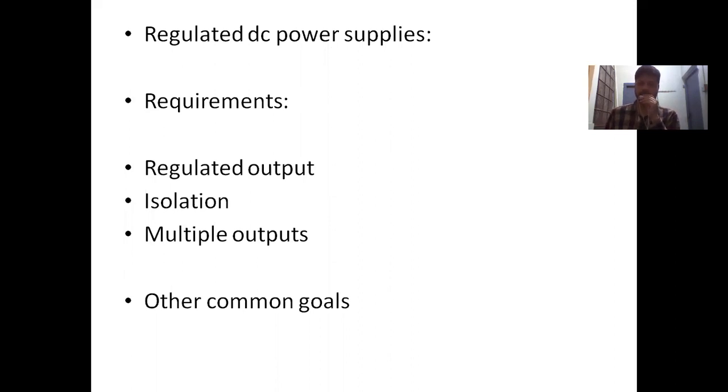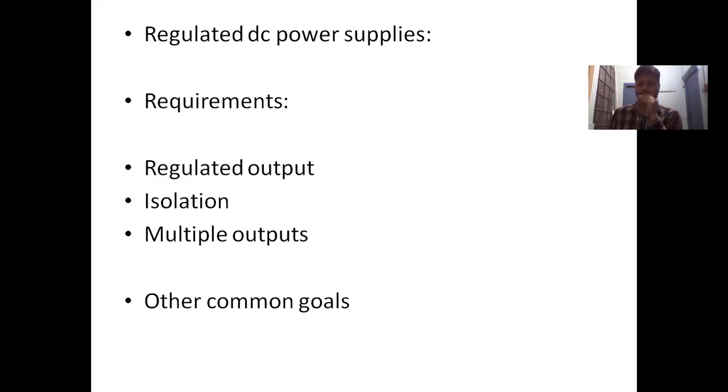That means the output must remain within a specified tolerance band, even if the input fluctuates within a range or the load changes within some range. Okay. So even if the input changes or the load changes within a specified range, then the output must remain within a specified tolerance band.